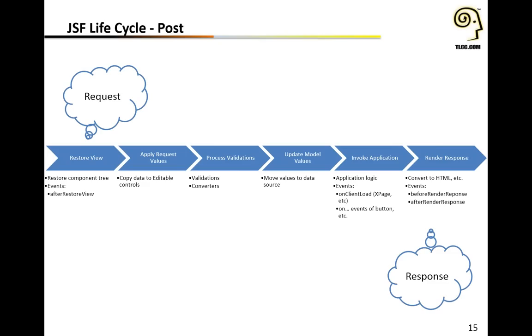So if you ever wondered what those events are on the XPage, before render response happens right before this phase gets kicked off. After render response is after everything gets converted to HTML. Then the event after render response happens. And then it sends all the HTML back to the browser.